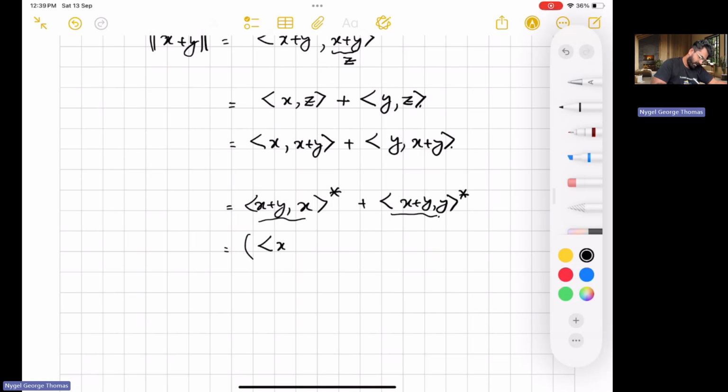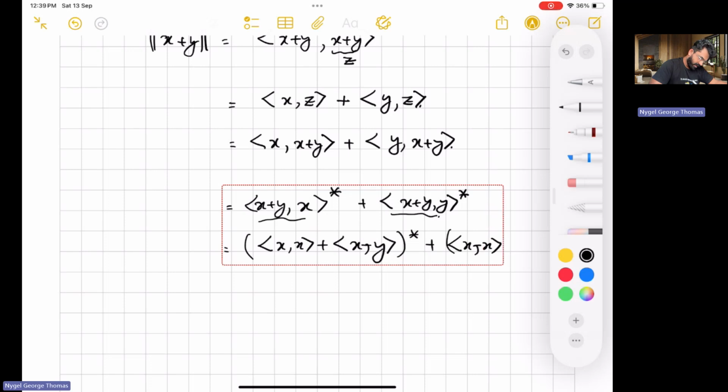That's the inner product between x and x plus inner product between x and y, whole conjugate, plus inner product between x and x whole conjugate plus inner product between x and y plus inner product between y and y whole conjugate.